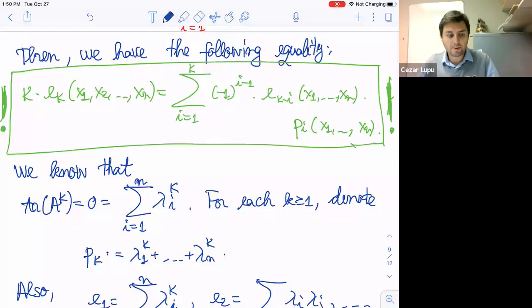Anyway, that's the problem. I hope it's clear, right? That was the direct implication. For the converse, you have to use the definition of the eigenvalue, and you want to see what it means to be an eigenvalue of A to the power k, and then you'll see what happens.